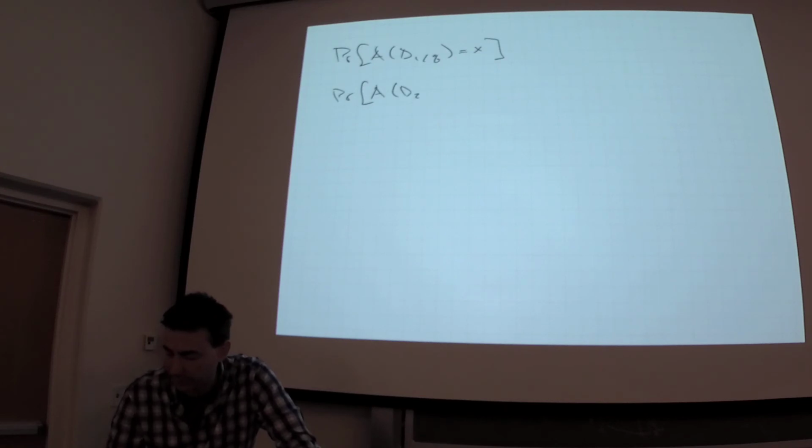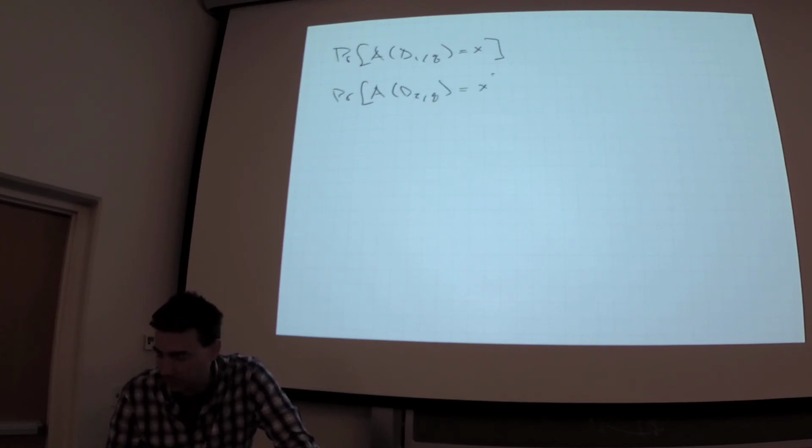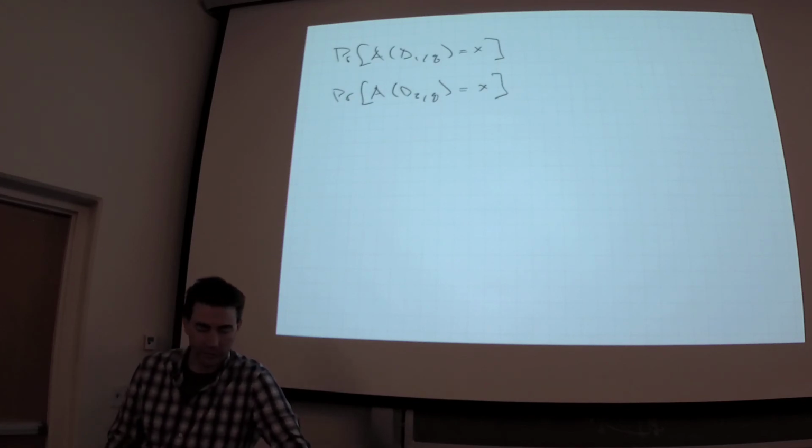Right, so let's go through this analysis. I'm going to have the probability that the answer from data set 1, Q equals x, versus the probability that the answer of some D2 of the query is going to equal this same value x, right?